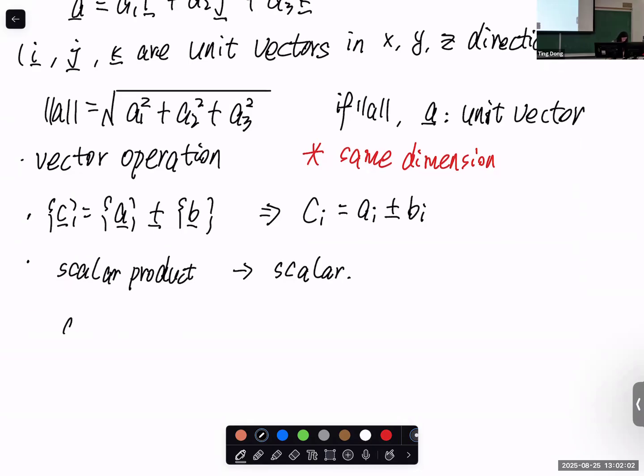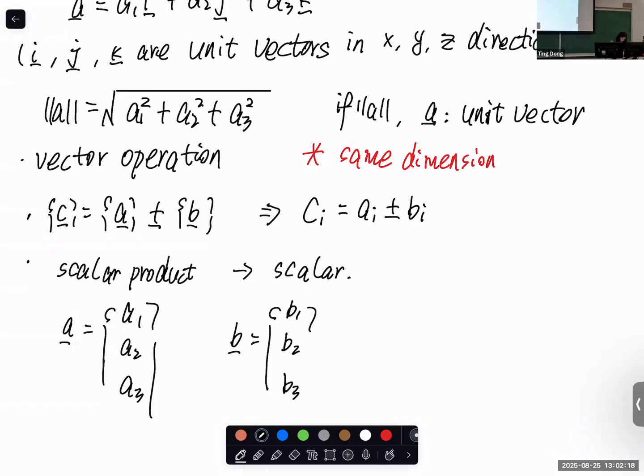So let's still assume a similar situation. Each vector has three components: A1, A2, A3, and B vector with the same dimension, three components: B1, B2, B3. So now the scalar product of A vector and B vector becomes A1 B1 plus A2 B2 plus A3 B3.